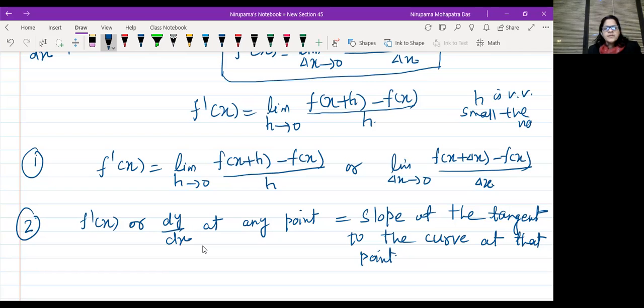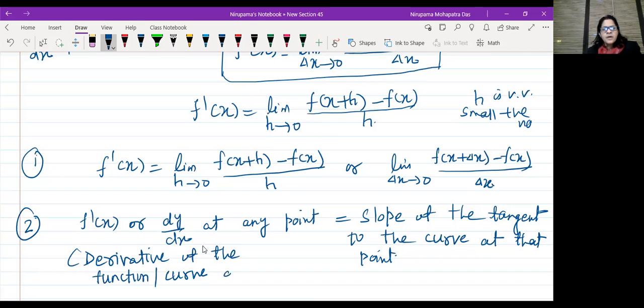So dy by dx means the derivative of the function or curve at any point equals the slope of the tangent to the curve at that point.